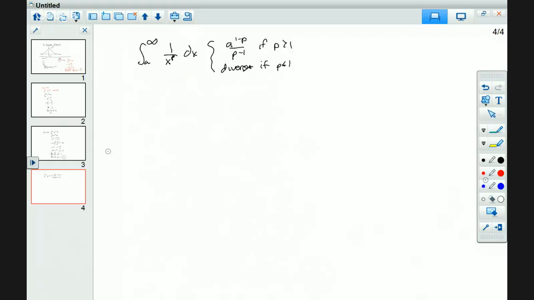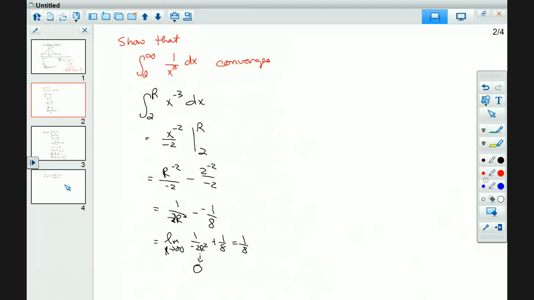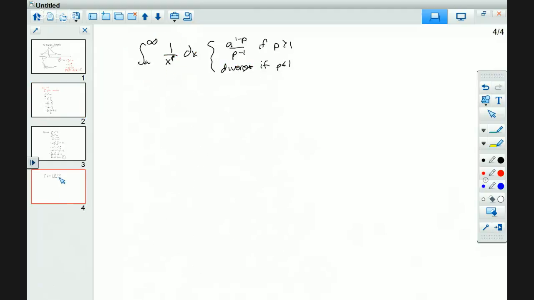In our case, it was 2. 2 to the negative 2 over 2, which is 1/8. That's what we got. Our example for x cubed from 2 to infinity fits this model.